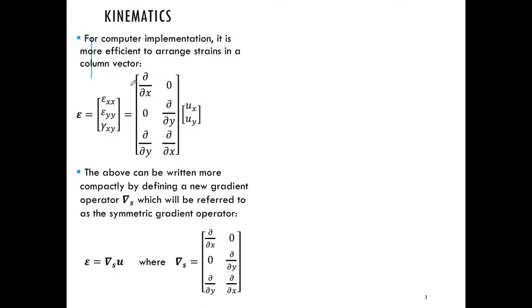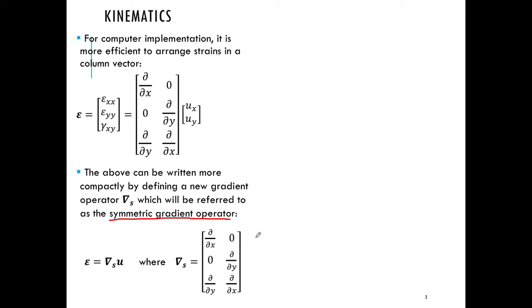Now we call this del operator our symmetric gradient operator. So we have defined this new gradient operator, and this allows us to very compactly write down our infinitesimal strain vector like so, such that epsilon is equal to this symmetric gradient operator applied on our displacement vector u.